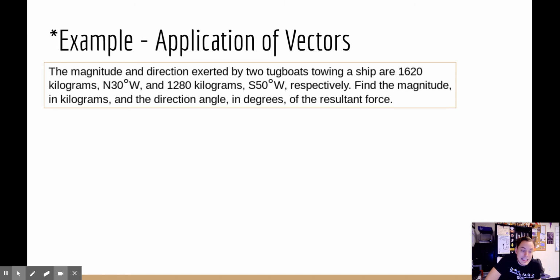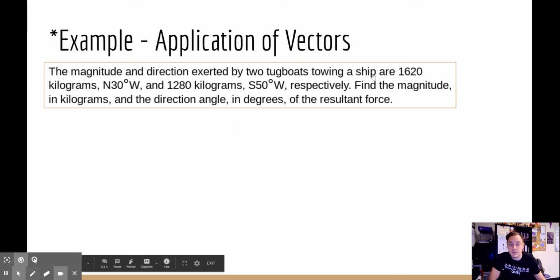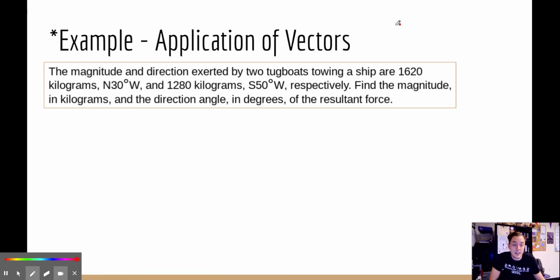So what does that mean? That means you have two tugboats. Let's just say I am the ship that they're carrying. If I wanted to draw a basic picture here, this is essentially what they're doing. So you have a ship, and then there's a tugboat and another tugboat.